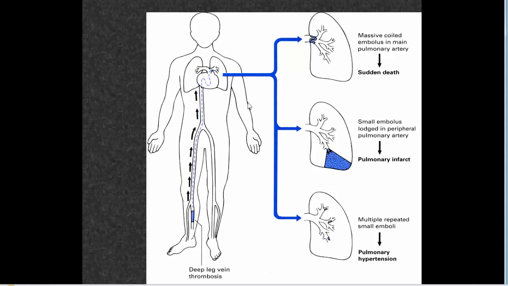Pathology of pulmonary embolism. In summary, the mechanism of pulmonary embolism: a small embolus lodged in a peripheral pulmonary artery gives pulmonary infarcts.